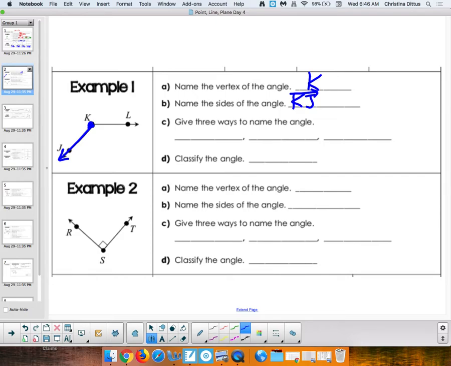And then our other side starts at K and goes through L. As far as naming the angle, easiest, one letter. If I have one letter to name it, I can call it angle K, my vertex. Other than that, K has to be in the middle, so I can go this way, JKL, or I can go backwards, LKJ.